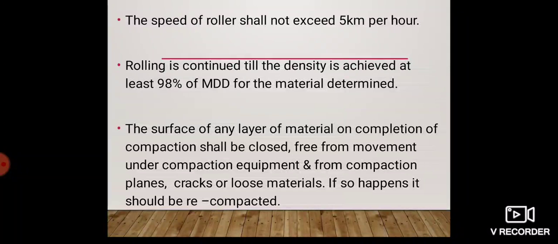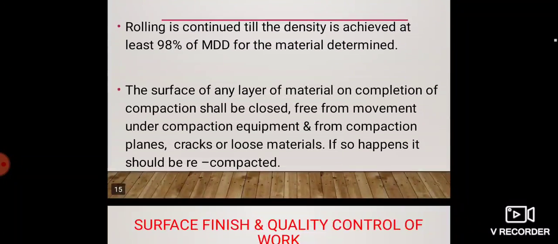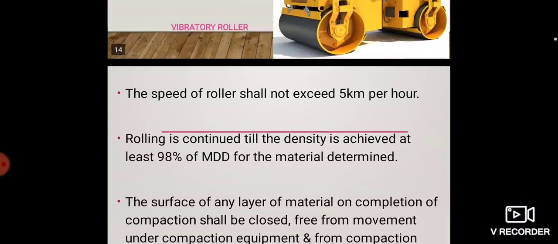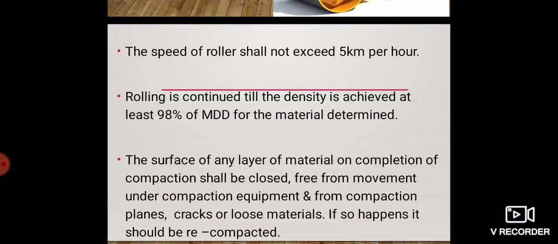The finished surface level of the subbase course is checked with reference to the desired longitudinal or cross profile of the road given in the drawings, checking whether the finished surface levels and RLs match.